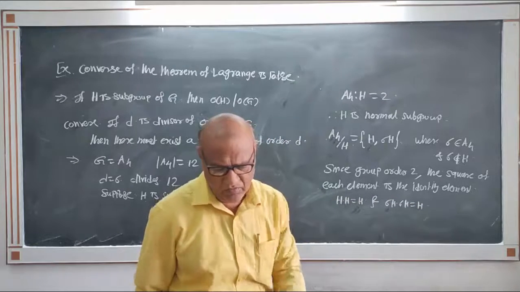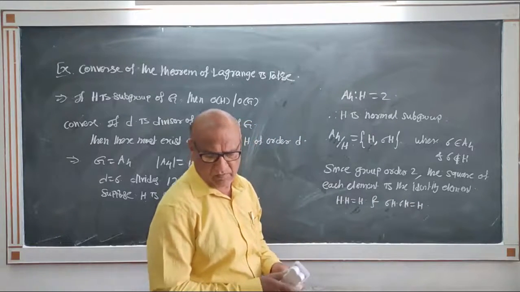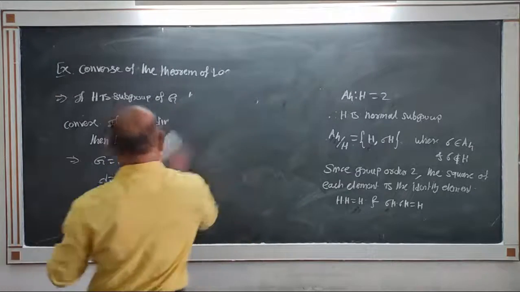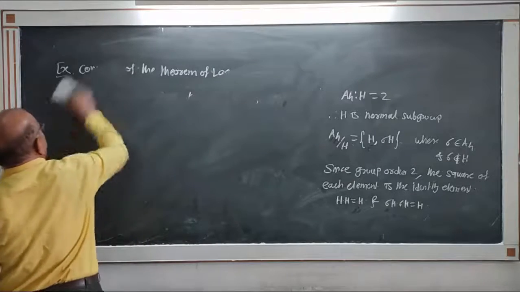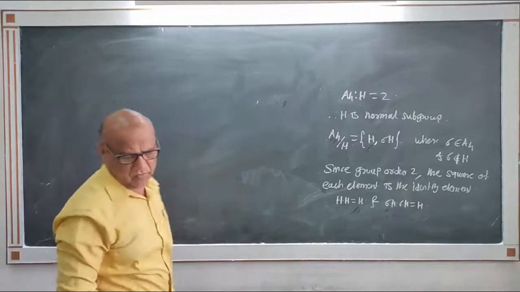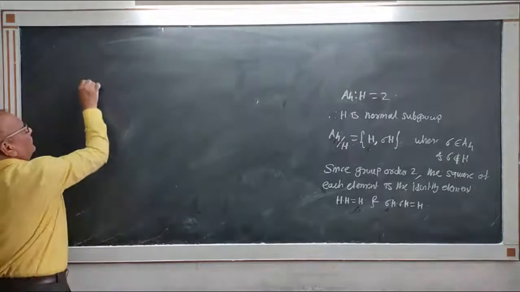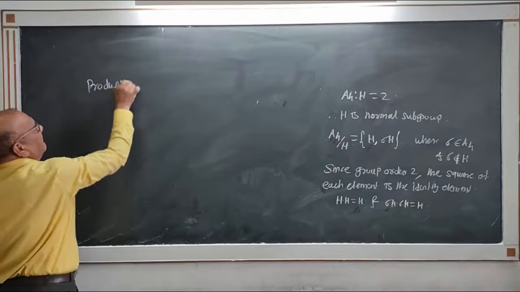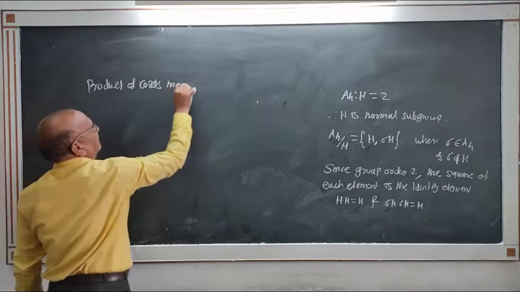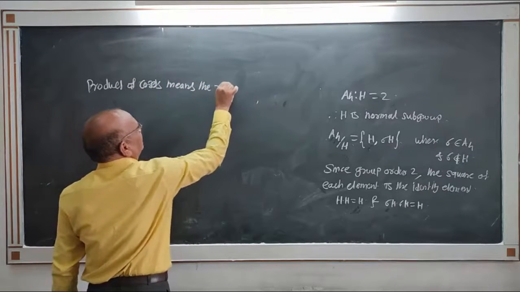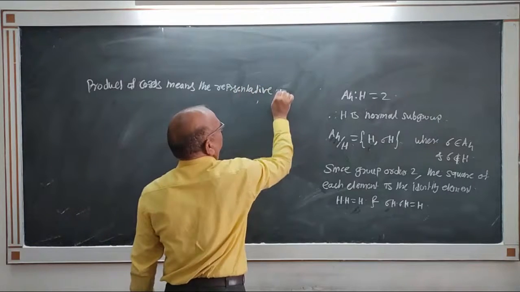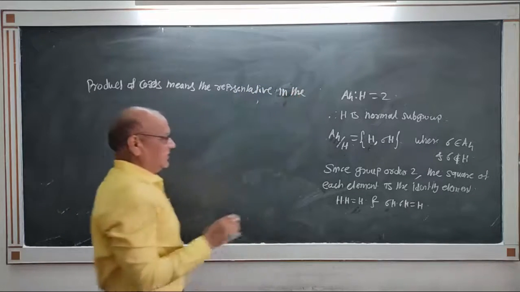Okay. Now the product of cosets means the product of the representatives in the original group.